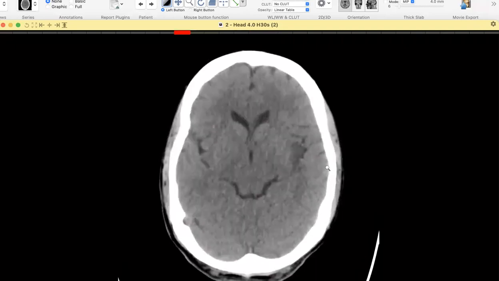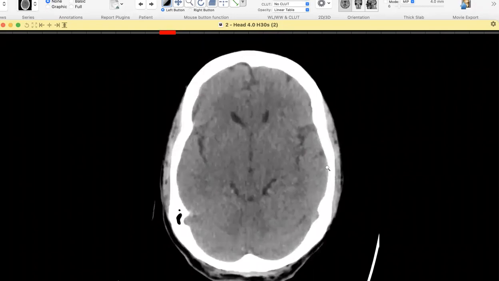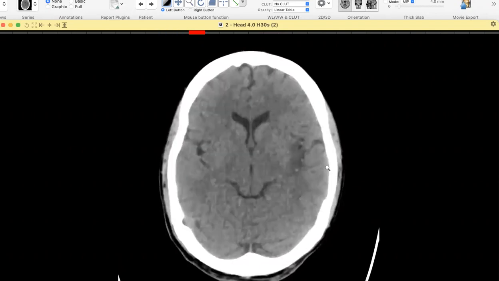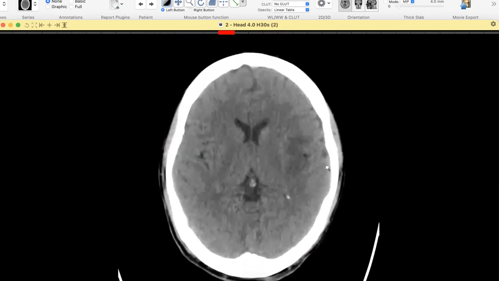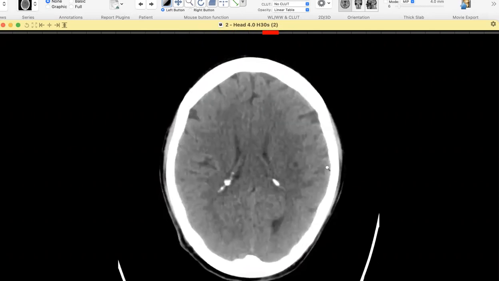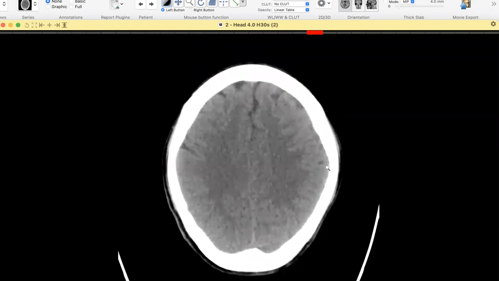So considering this appearance, I am concerned about an acute infarct, and I would immediately convey these findings to the emergency physician and correlate with any history of right-sided weakness. And we'll also scroll through the rest of the images once more to make sure there is no intracranial hemorrhage.